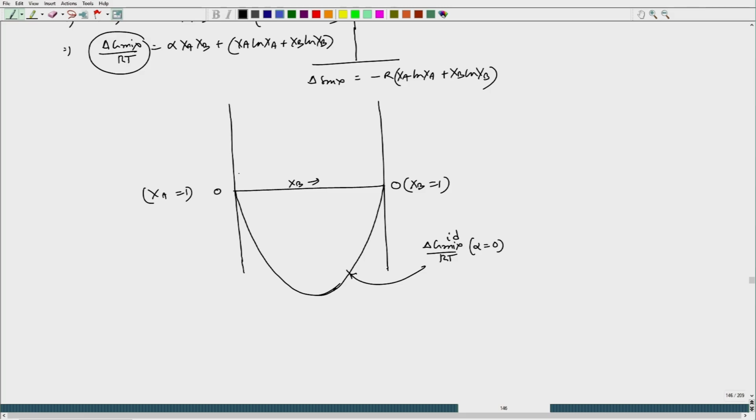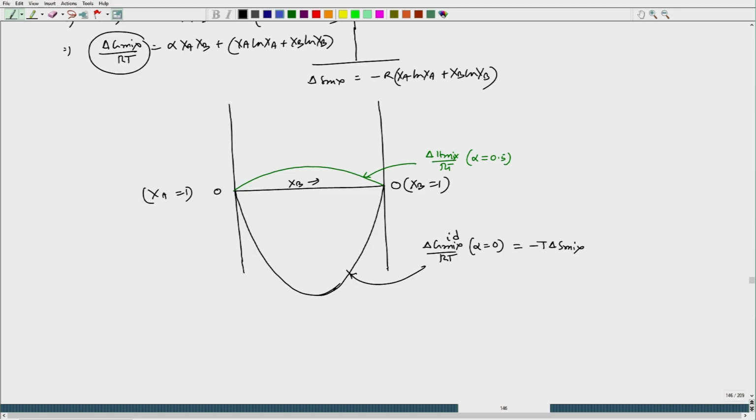Now I draw the delta Hmix by RT. Let us say this is delta Hmix by RT when alpha equal to 0.5. Remember, this is also nothing but minus T del Smix.